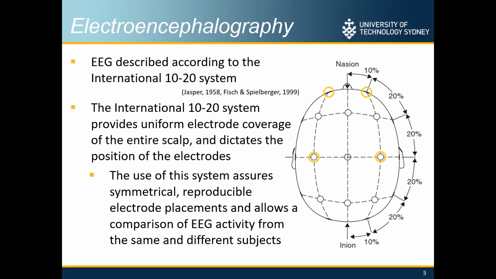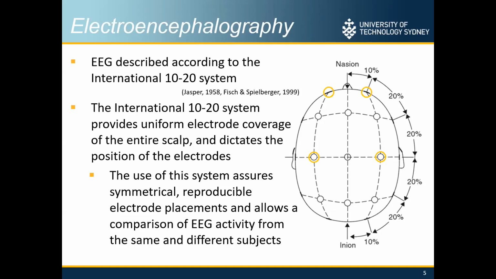The International 10-20 system is a standard that has been established so that we can acquire uniform electrode coverage of the entire scalp, so that if we are going to compare an EEG result from one individual to the next, we can actually compare the signals that we see from different individuals.